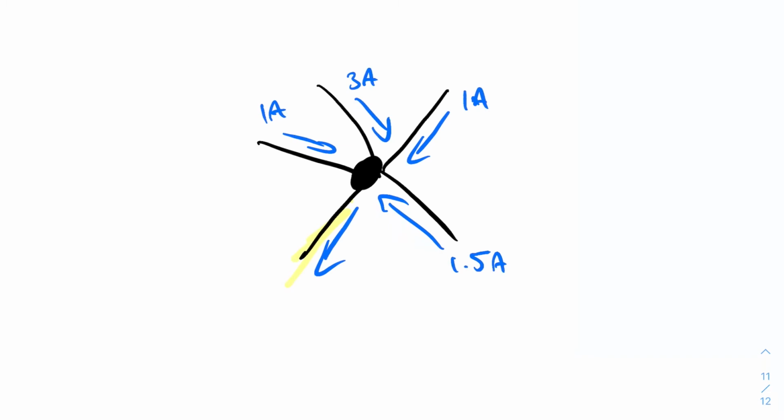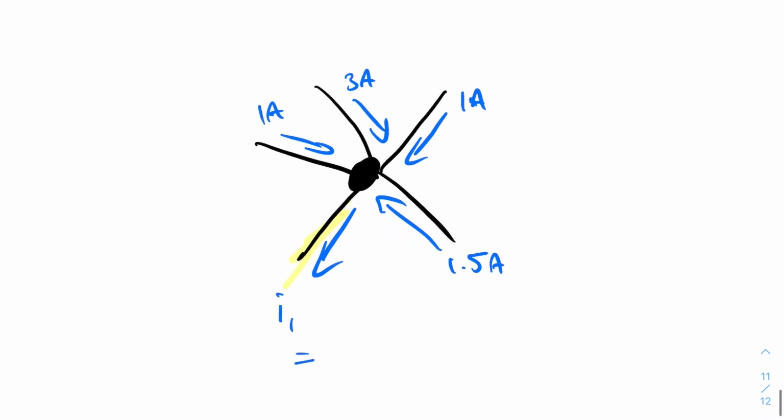If we've got 1 amp here, 3 amps here, 1 amp here, 1.5 amps here, then what's the value of this here? Let's call it I1. You simply just add up all the other currents, right? And then you get the value of I1. So you've got 3, 5, 6.5. So I1 is equal to 6.5 amps.